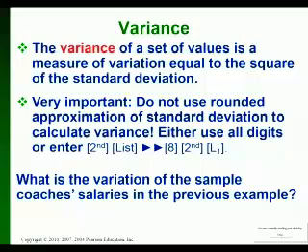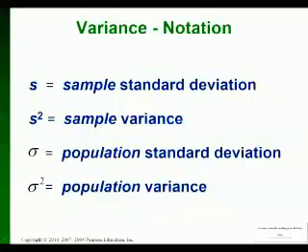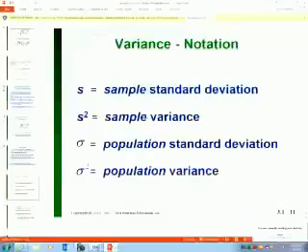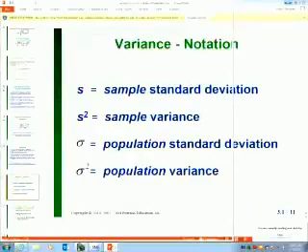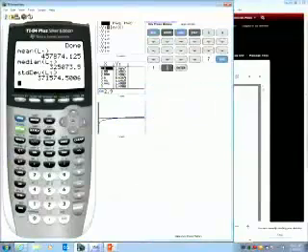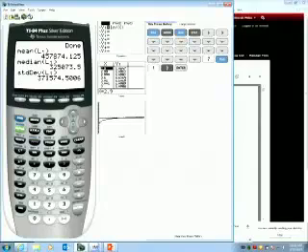If I wanted the variance for the coaches' salaries, if this was a part A, B, C in the homework, and I had already written down the standard deviation, I wouldn't just square what I had written down.